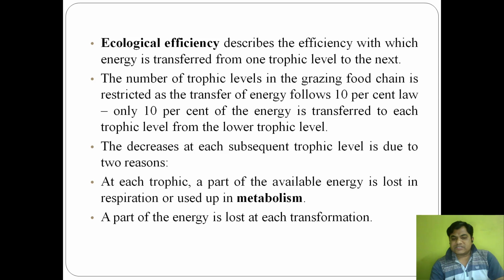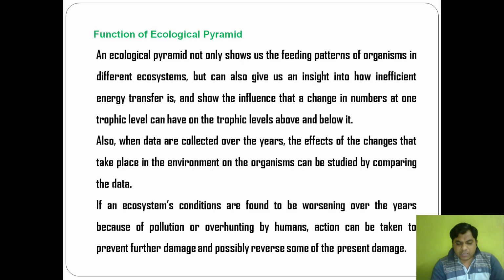At each trophic level, a part of the available energy is lost in respiration or used up in metabolism. A part of the energy is lost at each transformation. So this is the food chain, food web, trophic level, and ecological pyramid.